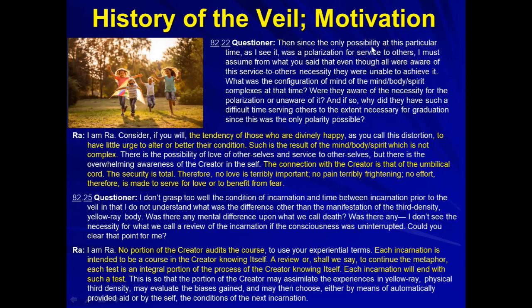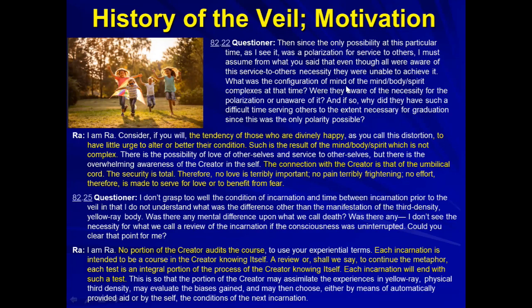That was the original concept, that you would grow in service to the one, which is everybody, not just the me one, right? I must assume from what you said that even though all were aware of this service to others necessary, they were unable to achieve it. They weren't able to achieve the sufficient amount required to graduate, is what he's saying.